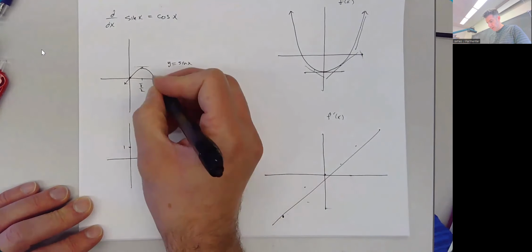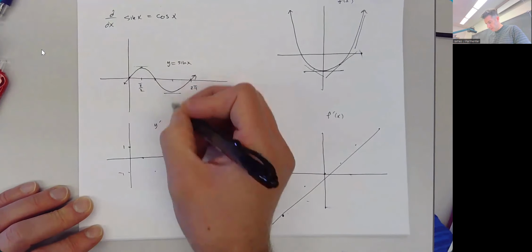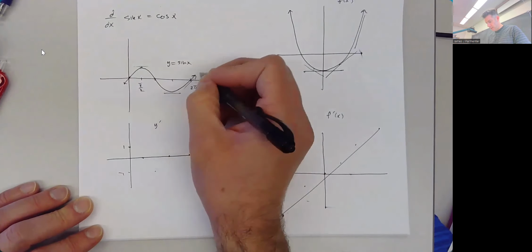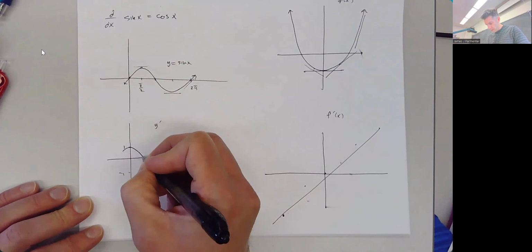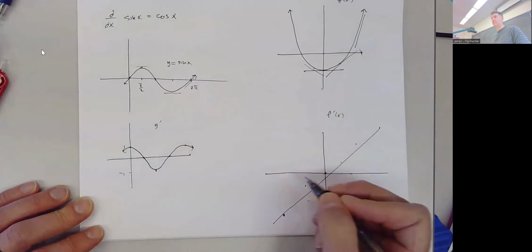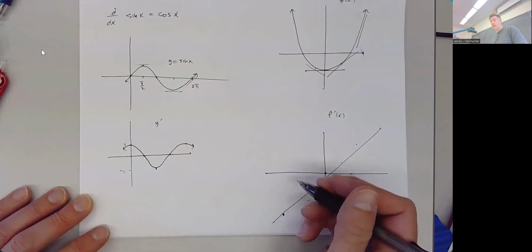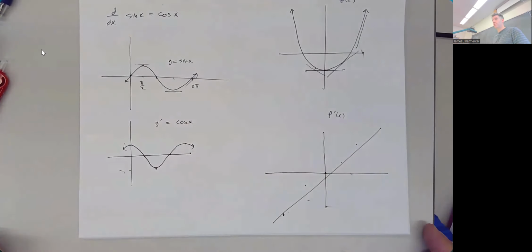The slope of the tangent line there is -1. The slope of the tangent line there is 0. So the tangent line there is back to +1. And look, you've exactly got the look of your cosine graph. So the derivative of sine is cosine. And that's a nice way of seeing it.